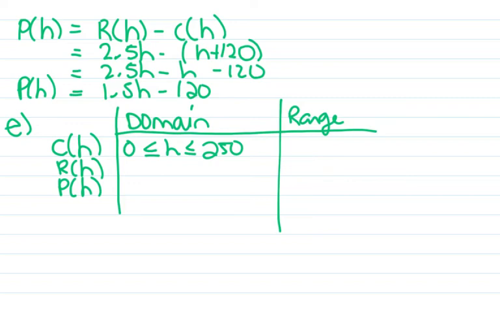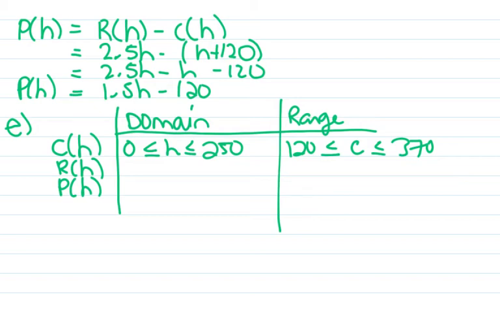Now for the range, that would be the Y coordinate that happens when H is happening. So if H is 0, if he sells 0 hot dogs, he still needs to pay a minimum of $120 and up to a maximum of $370, and that's how much it will cost if he sells 250 hot dogs, because 250 hot dogs, $1 each, plus $120.